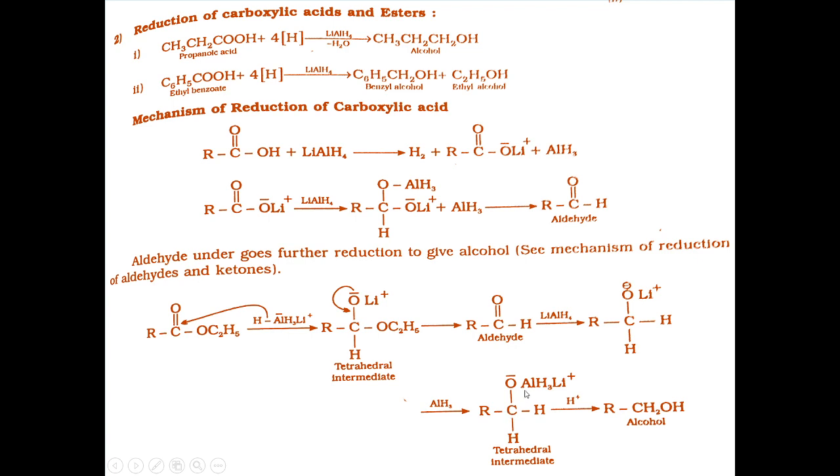See here, O minus ion on oxygen, and the Li and Al are positive because they are metals. It reacts with H plus ion and forms RCH2OH, the alcohol. See here, this is ester to alcohol by using lithium aluminum hydride.